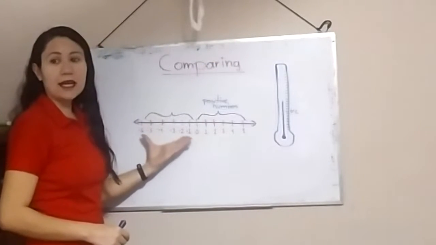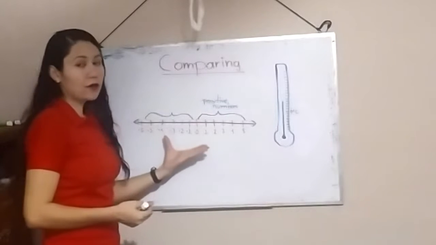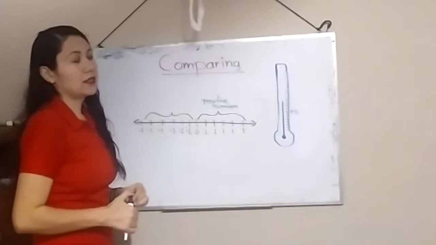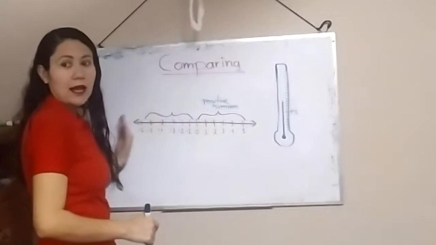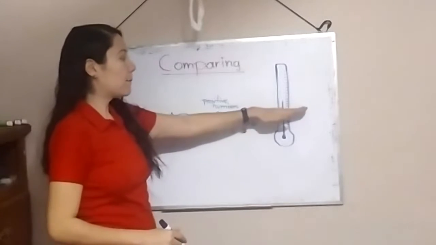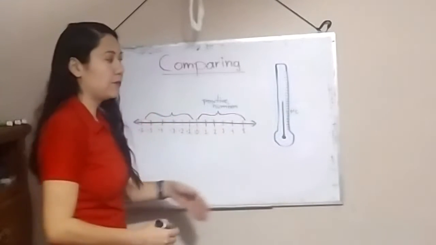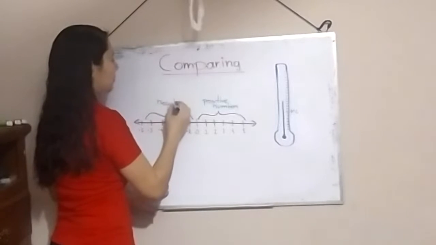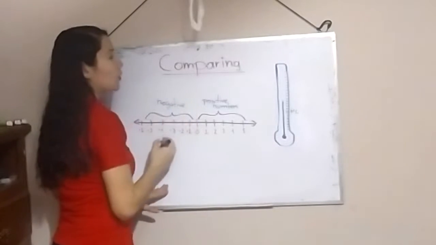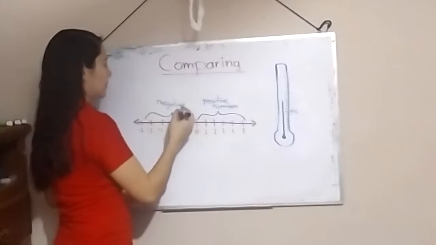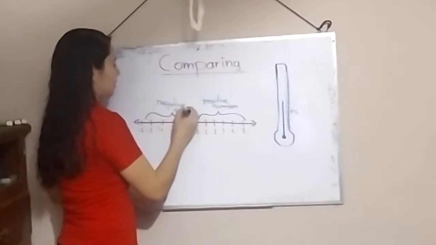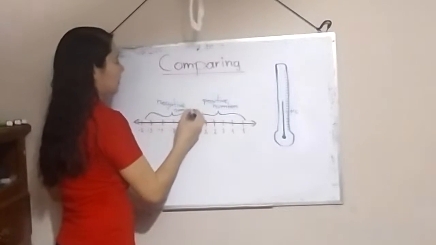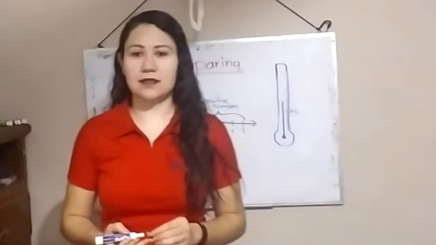And then we have negative numbers. Negative numbers are the ones that are to the left of zero or below zero. Negative numbers are represented with a minus sign. Why? Because they are less than zero.